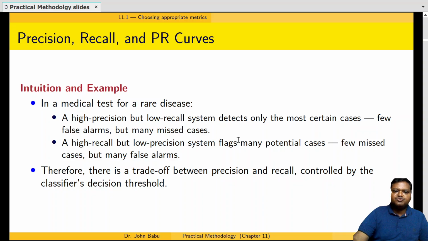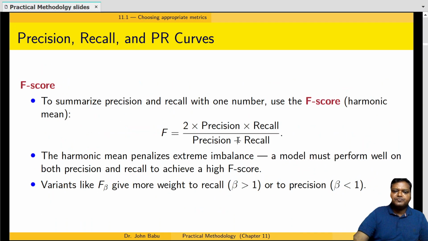So combining these two, we have the F score. F score is the harmonic mean: 2 into precision into recall by precision plus recall. So this is a more balanced metric than the simple accuracy.